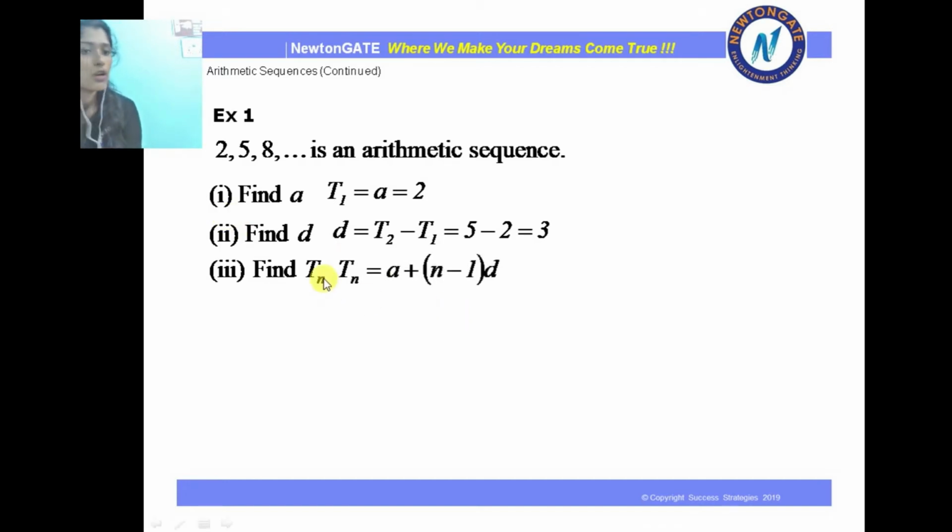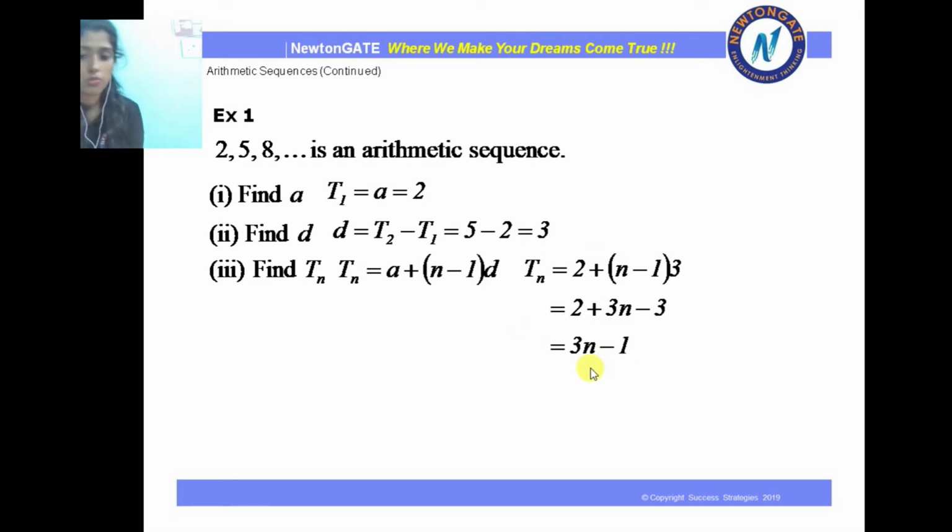So we know by the formula Tn is equal to A plus n minus 1 D. So we know A, we know D. So the Tn, that is the general formula, is 3n minus 1. Just put the value, you will get the answer. Nothing extraordinary here. Okay. Now find T10. Now T10 means the 10th term.